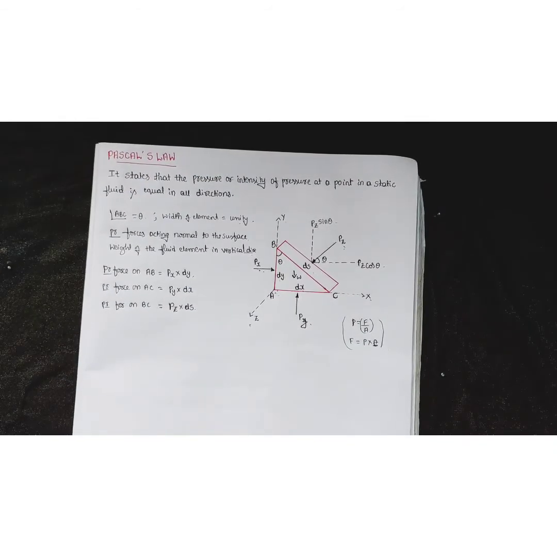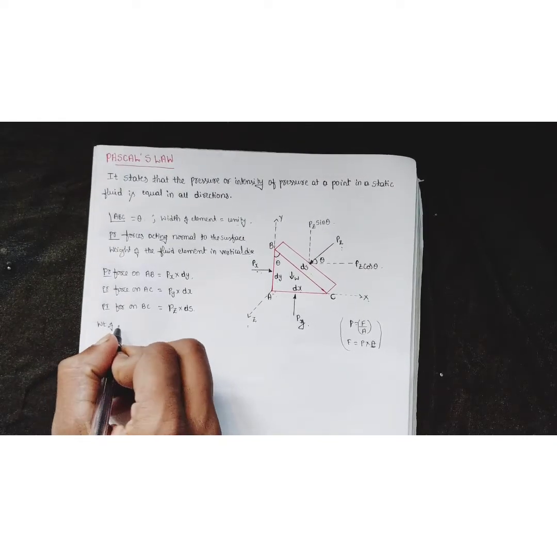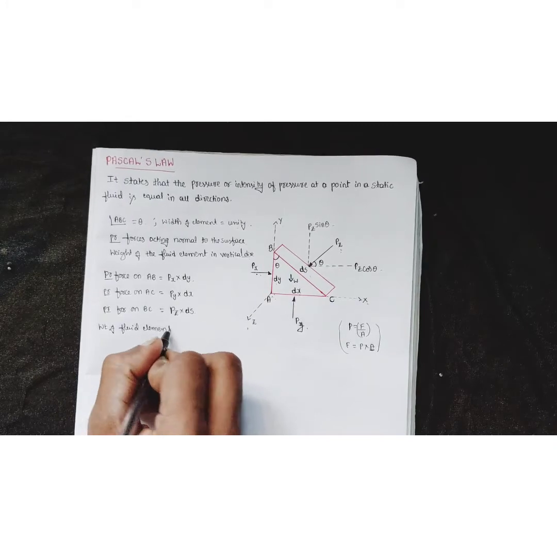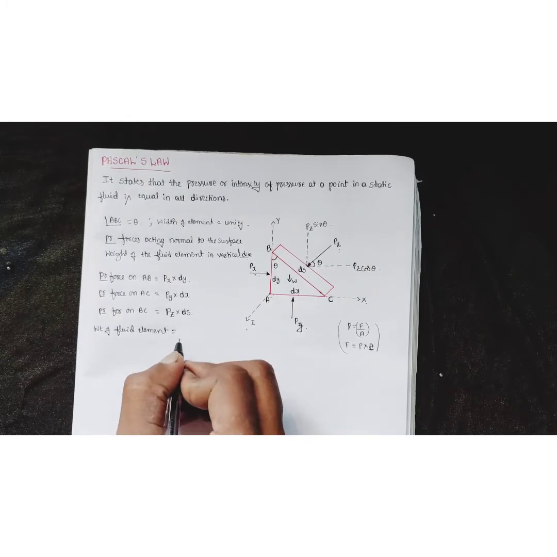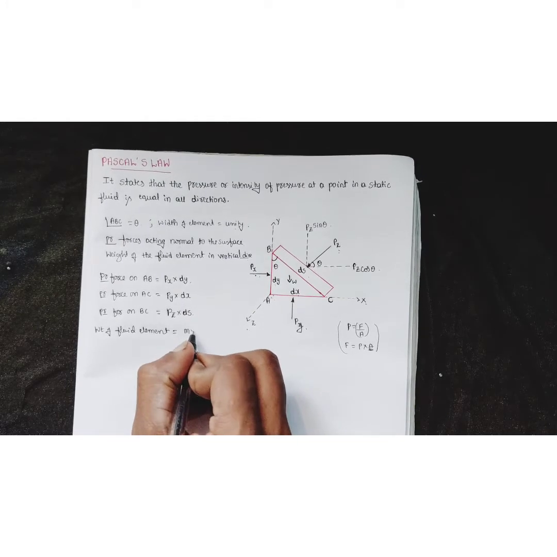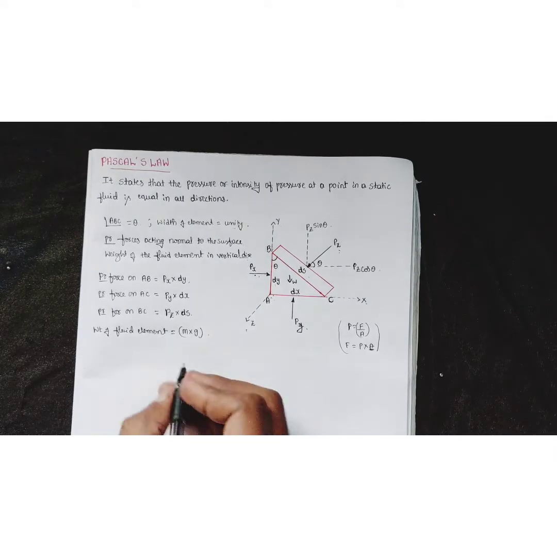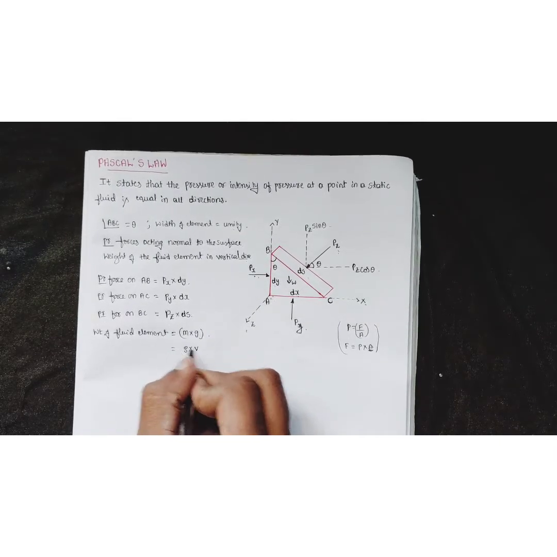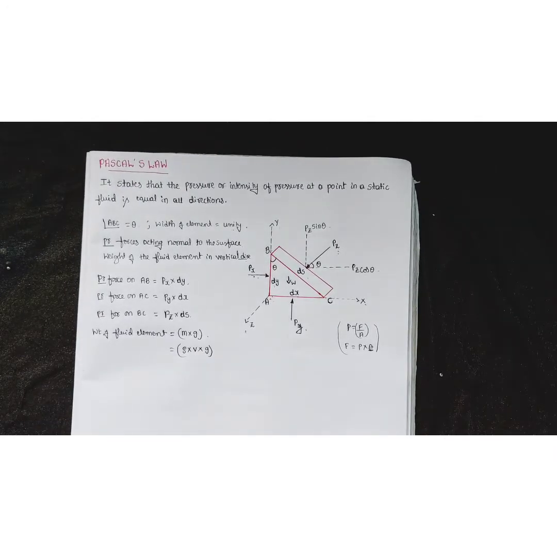Next we are going to see the weight of the element. So weight of fluid element is equal to, what is generally weight? Weight is equal to mass into gravity, mg, right? Now this mass I can replace as density into volume.